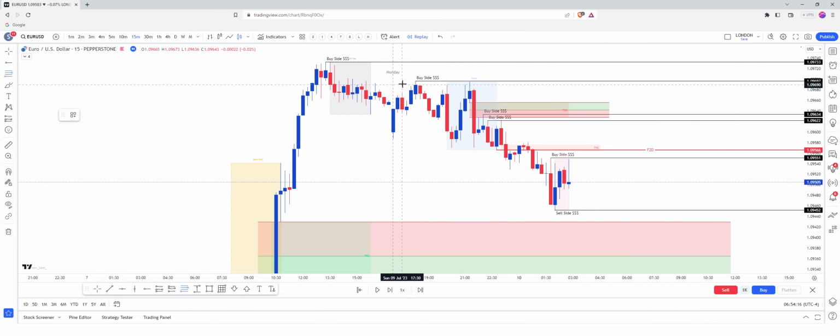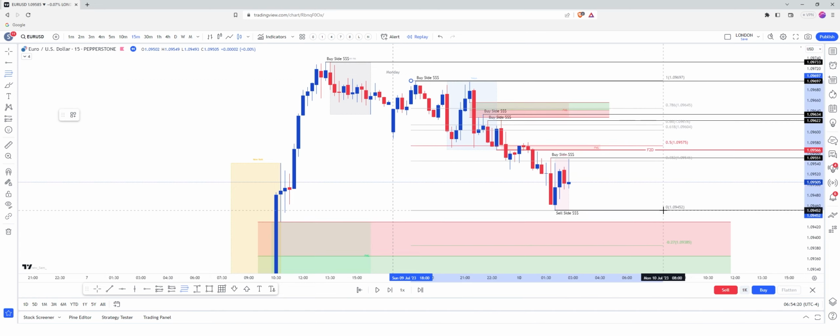Those are the levels that I am interested in. Let's take a fib from today's range and see where we are. Obviously we're in a discount at the moment, and for sells ideally we want to be in a premium area. What's interesting is the optimal trade entry, the 62% retracement to 79%, falls within these really nice levels of liquidity. That's something to keep an eye on.